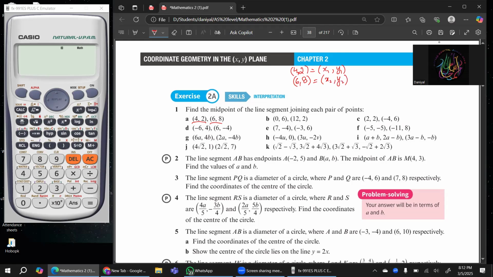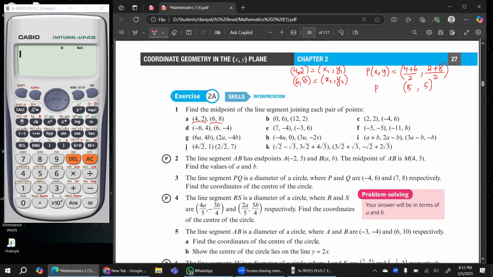So in order to apply the formula, let's say the midpoint is Pxy, you're gonna apply x1 is 4, x2 is 6, divide by 2, and y1 is 2, y2 is 8, divide by 2. So it's going to be 10 over 2, which is 5, and this is 10 over 2, which is 5 as well. So this is the midpoint Pxy of the coordinates 4 comma 2 and 6 comma 8.